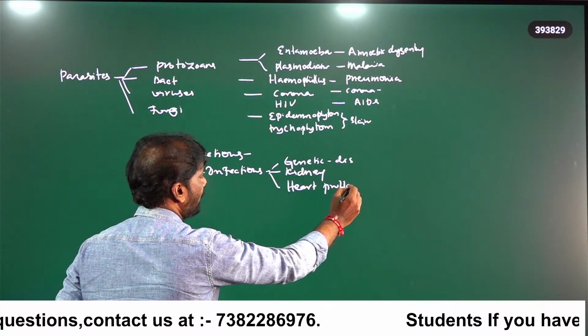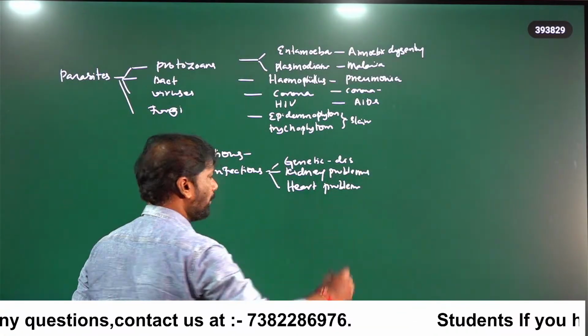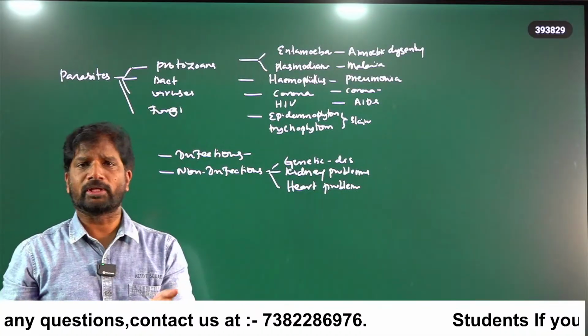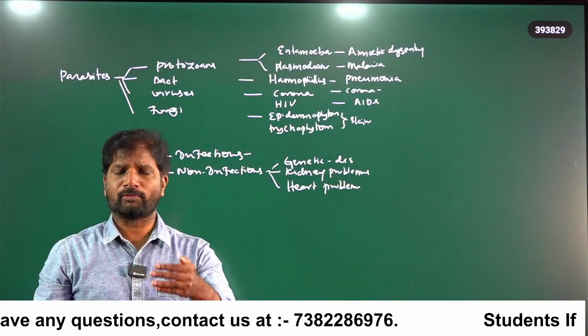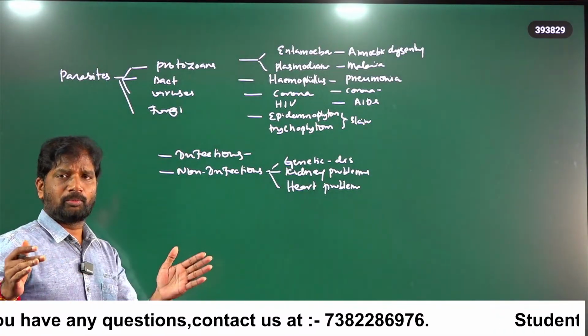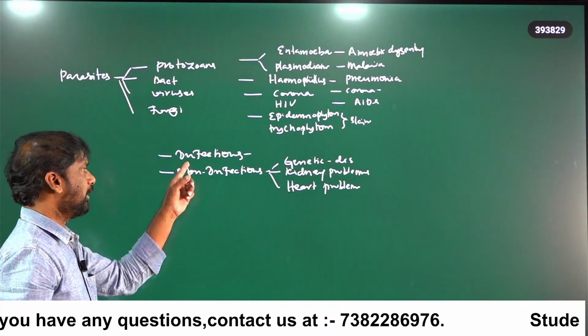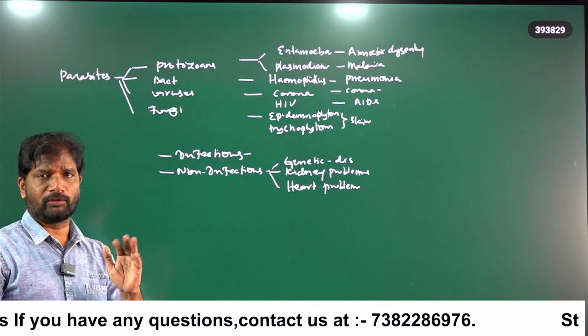These do not transmit from one person to another. You can also take cancer as an example, which is not an infectious disorder because it does not transmit from one person to another. The diseases that are transmitted from one person to another are known as infectious.